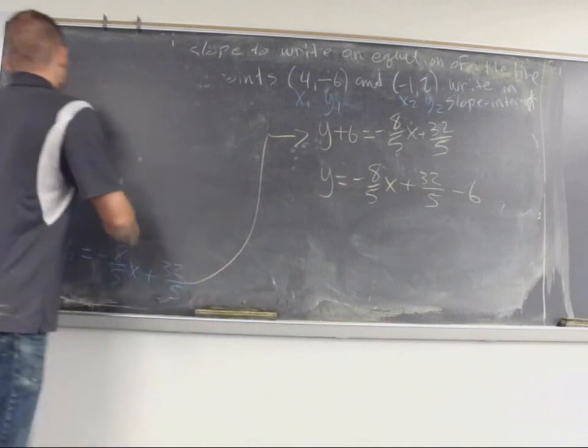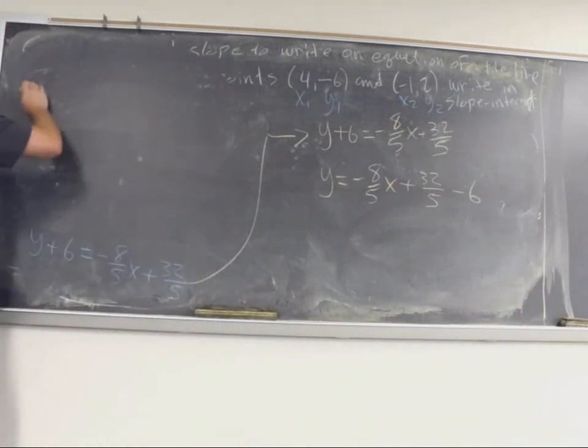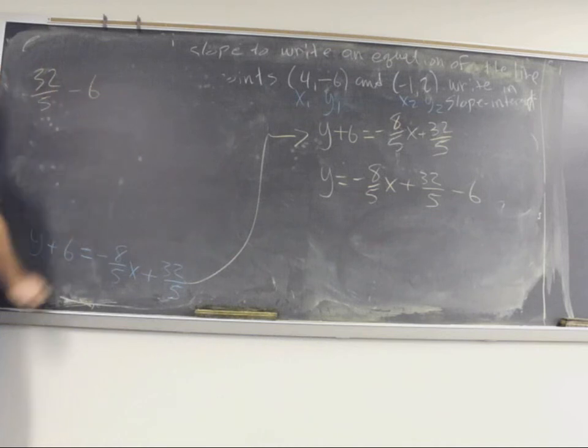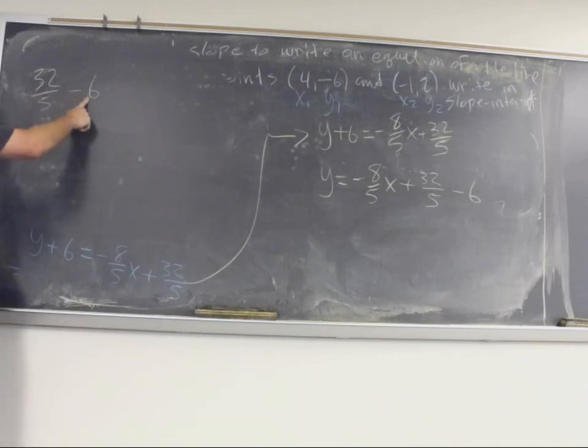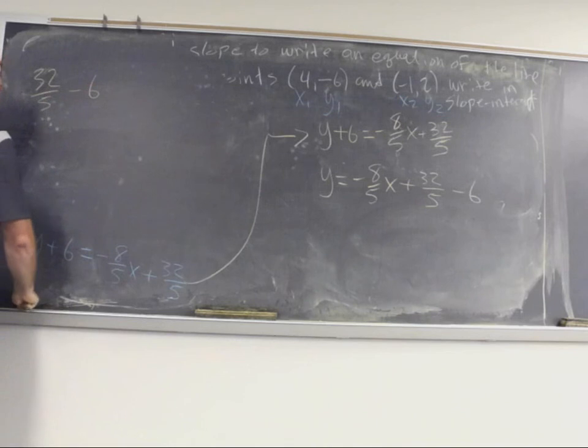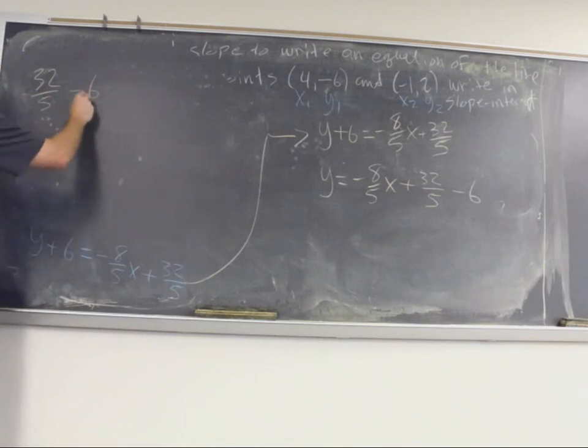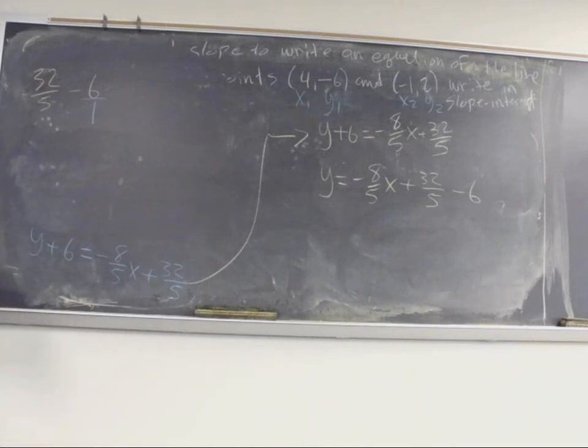All right? 32/5 minus 6. So we have to get a common denominator between these two terms. The denominator on this term is 5. The denominator on this term is, well, if it's not written, then there's a 1 there. All right, because 6 divided by 1 is 6. We just don't write the 1 because it's redundant.